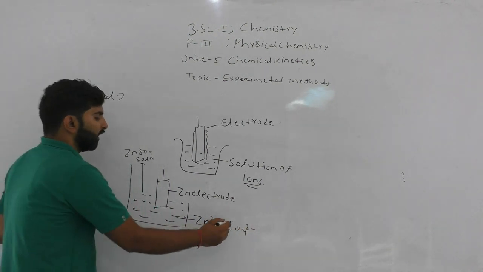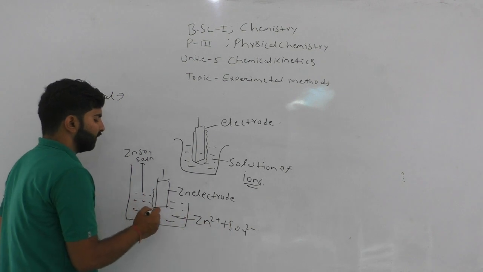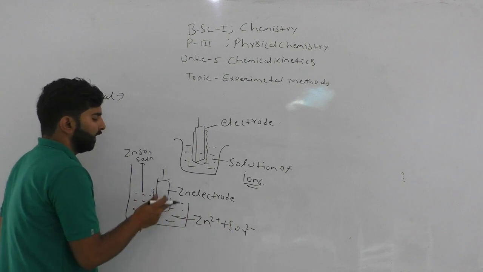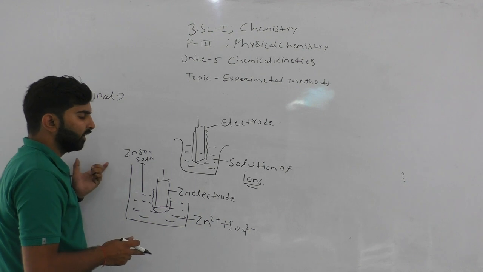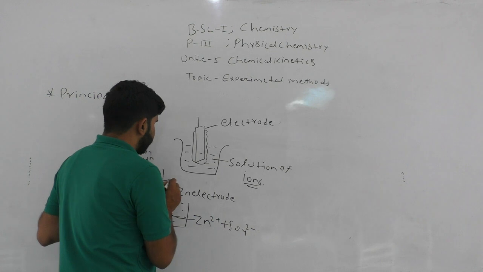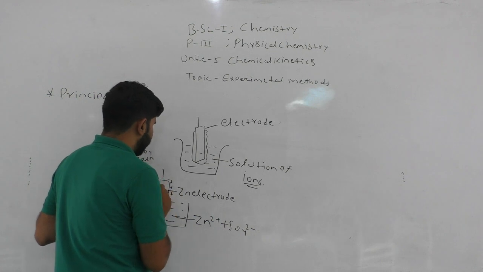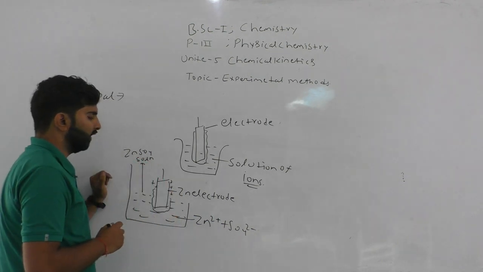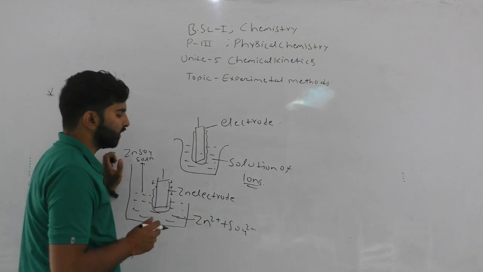So, these sulfate ions interact with the metal surface because the tendency of metal is to donate the electrons. So, the electrode is positive in nature, so it attracts the sulfate ion.